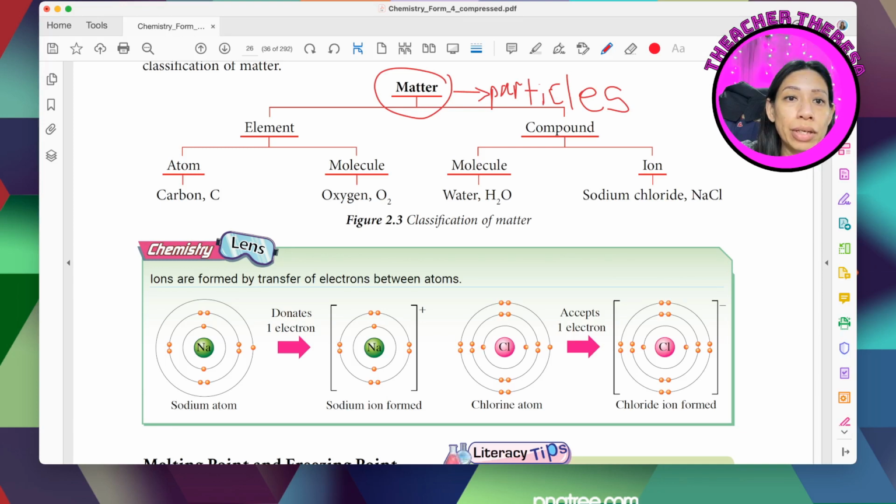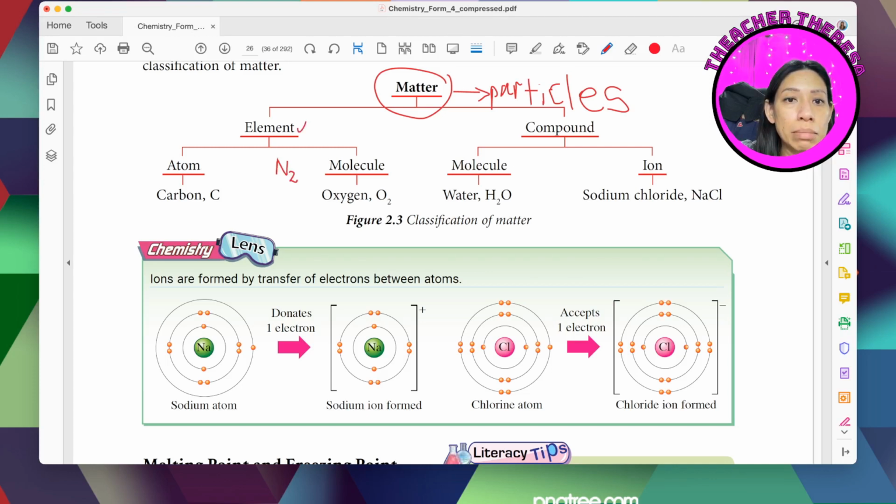So that is why matter can be divided into two different groups, which we call element and compound. The only difference between element and compound is element consists of the similar atom. Like for example, element is divided into atom and molecule. So this molecule, in order to be called an element, it must be made up of same atoms. So that's why you have oxygen as an example of molecule. Apart from oxygen, you also have nitrogen. Nitrogen also is a molecule, which is element.